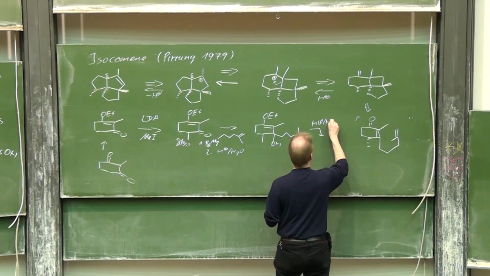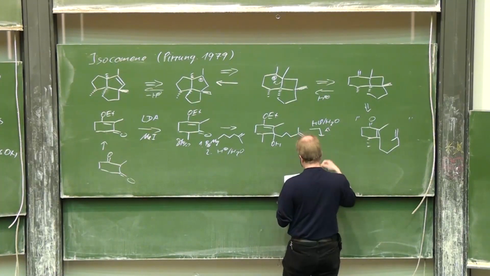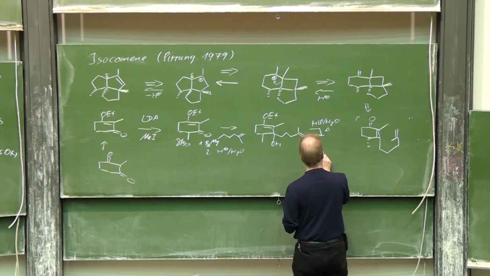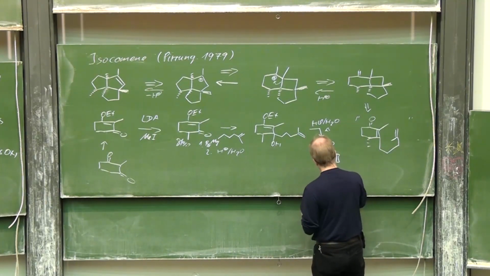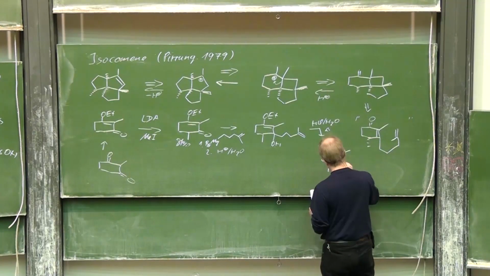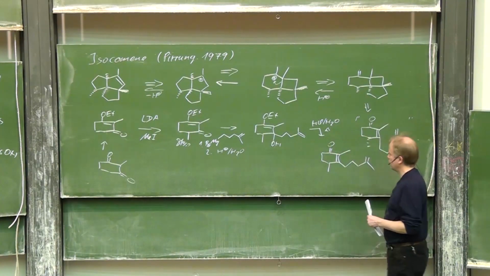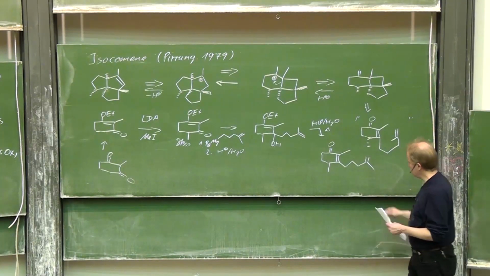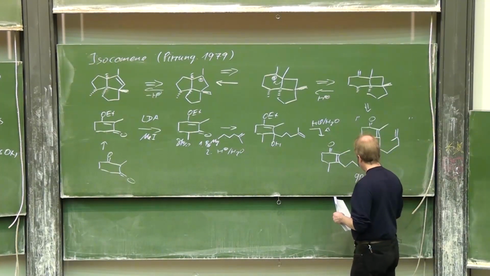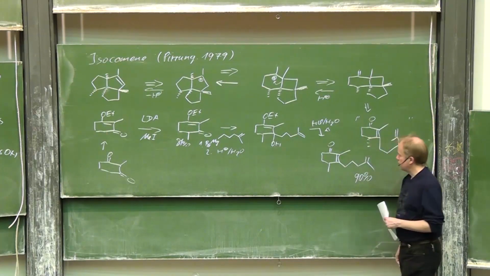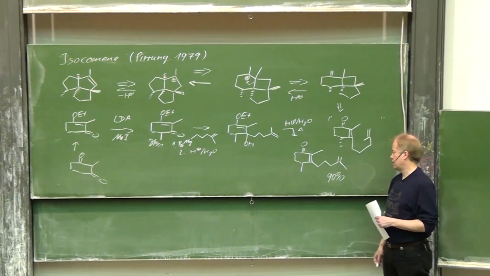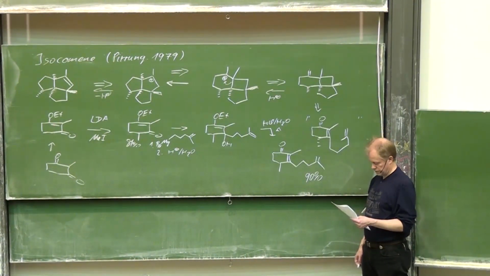HCl, again H2O, heating it up a bit. Will lead to this functionalized product with a 90% yield.